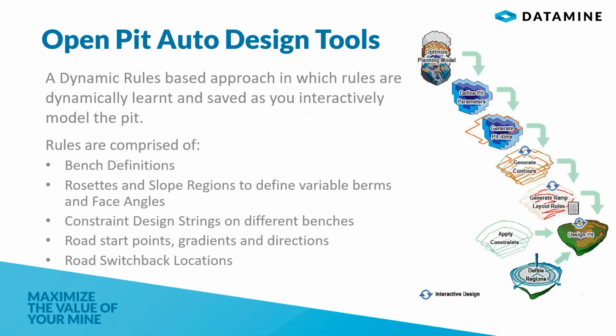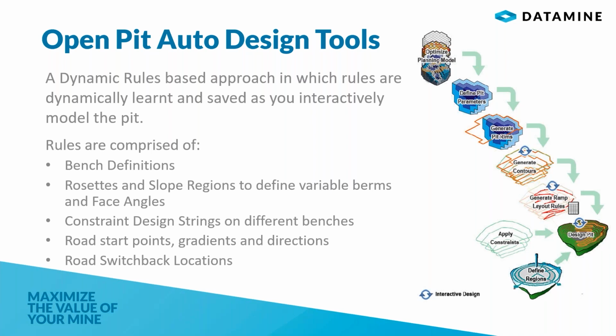Today, I will just focus on the auto design tools of Studio OP. The auto pit design tools use a dynamic rules-based approach in which rules are dynamically learned and saved as you interactively model the pits. As you can see in the figure in the presentation, from the optimized planning model you can create the pit parameters such as the bench definition and slopes.